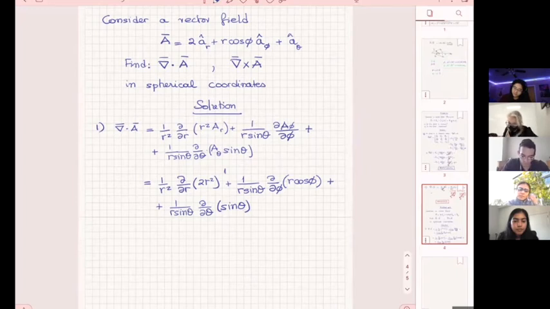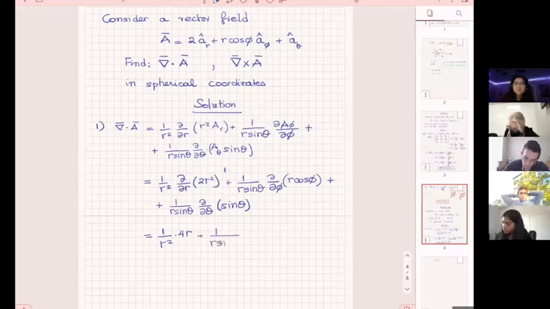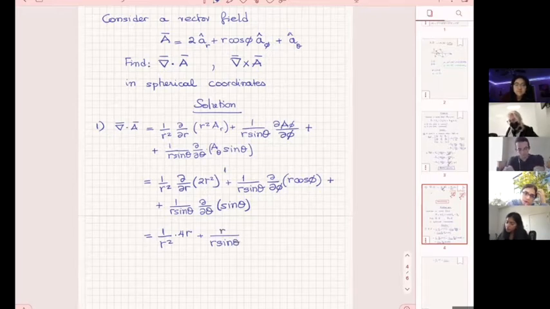So obviously, this is not zero. Specifically, the first one is going to give 1 over r squared times 4r times r. And then here plus 1 over r sine theta, and then we have another r here, and then the derivative of the cosine.